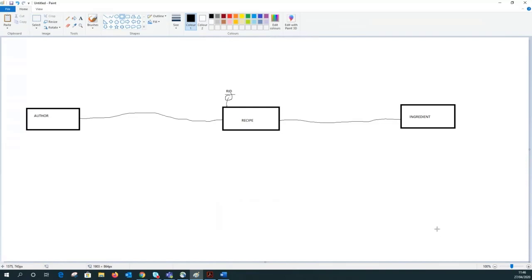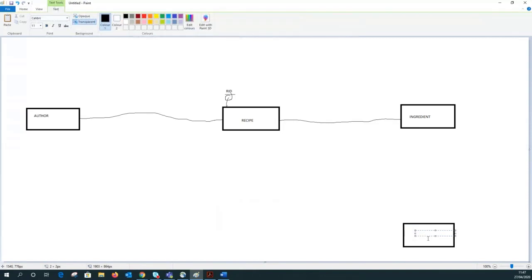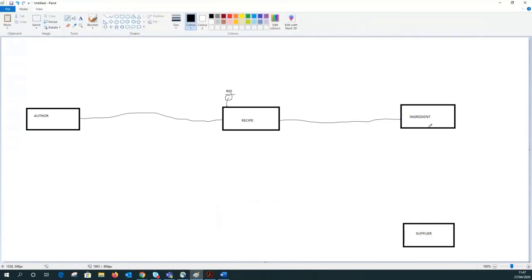So let me capture that somewhere here, suppliers, right? So ingredients supplied by the supplier. So one ingredient can be supplied by many suppliers. One supplier can too. So it looks like there is a relationship. So let's go back.